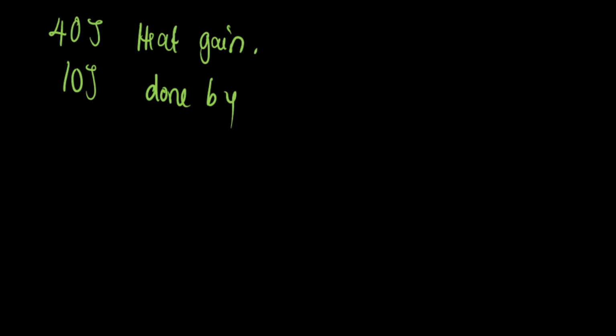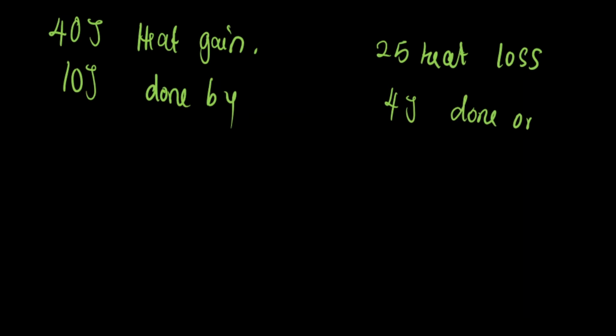Now later there is a heat transfer of 25 joules out of the system. So this would be heat loss. Well, there is a 4 joule work done on the system.